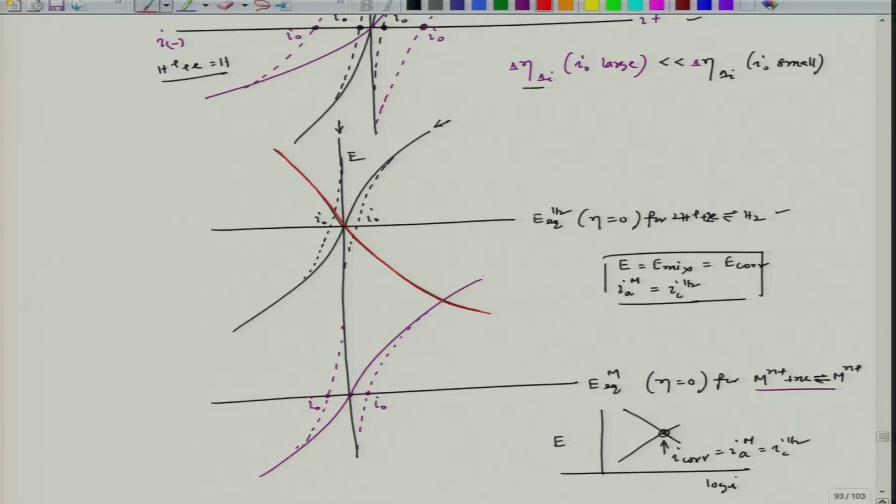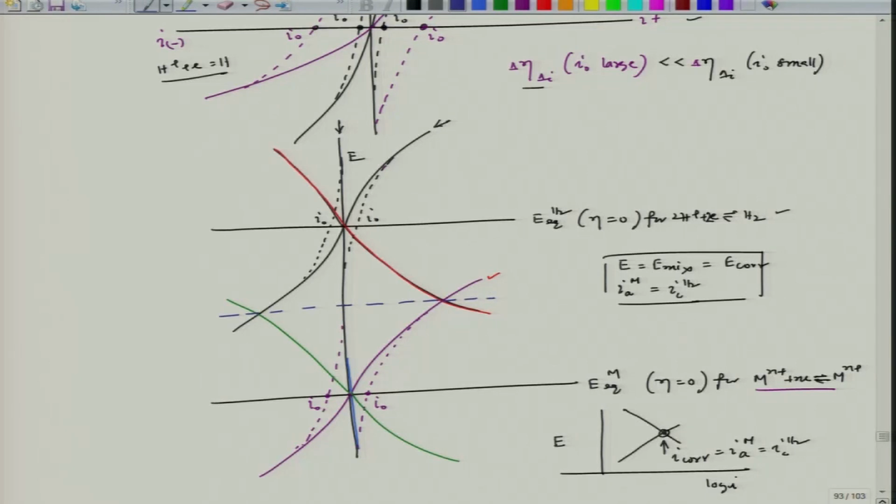And for this I can put a mirror here, and then I can have a mirror image. So, the mirror image of this, if I try to draw it with a green color, would be this and this. Now I can see that they are meeting at this corrosion potential.